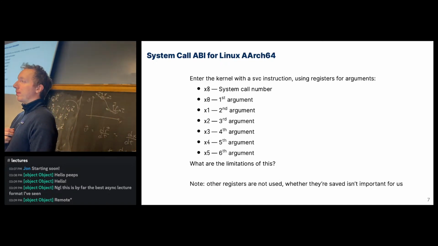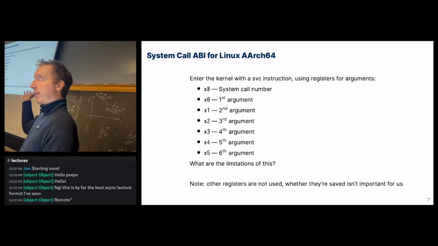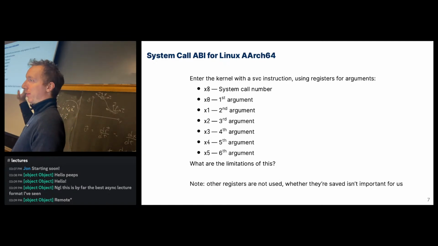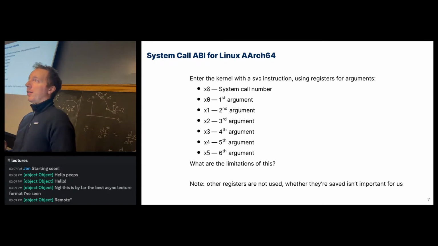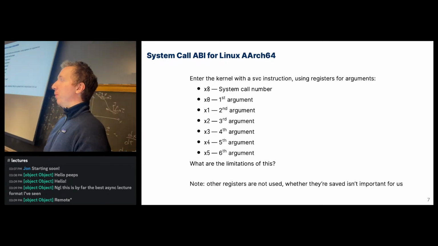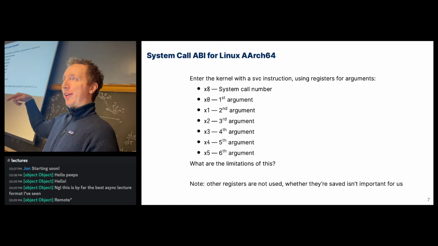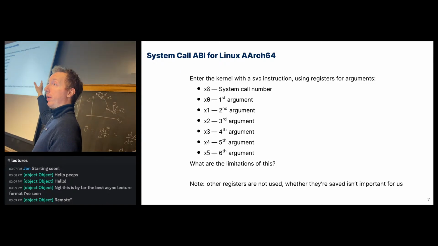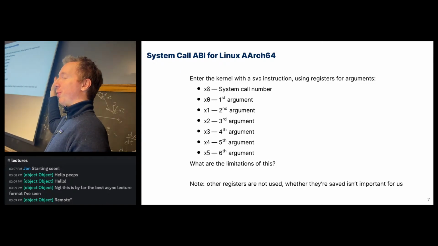So we can't find the stack, or there is no stack? So the stack would exist, but it's not defined as part of the ABI, so it doesn't use it at all. Yeah, so it would be possible to find more arguments, but then you have to change the ABI, and then everyone has to agree, because this would be compiled into your code, and the golden rule of kernel development is you never change the ABI.